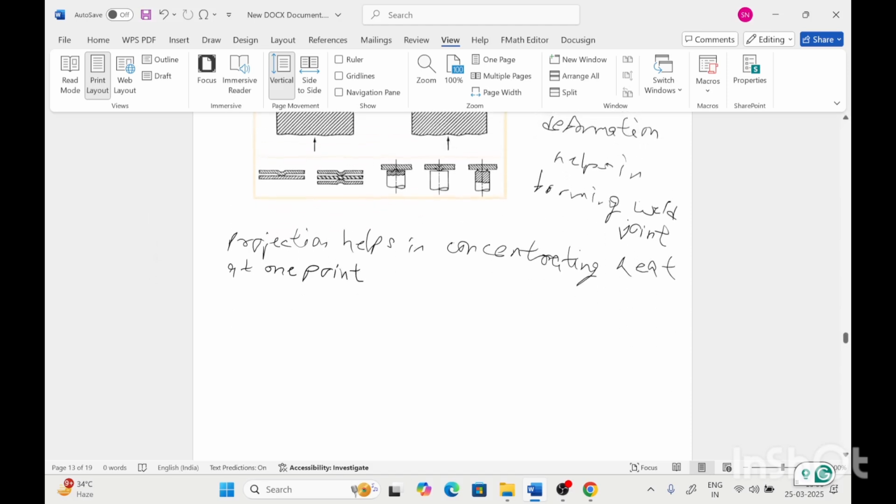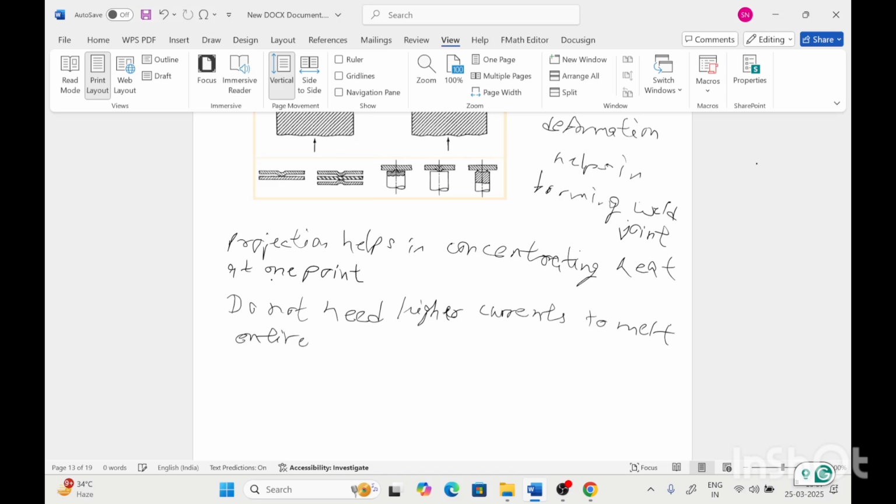So this process does not need higher current to melt the entire interface. Means in melting the entire interface, we will need higher current.